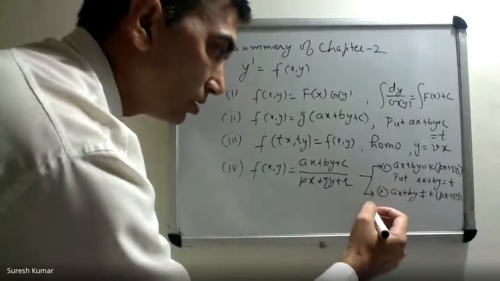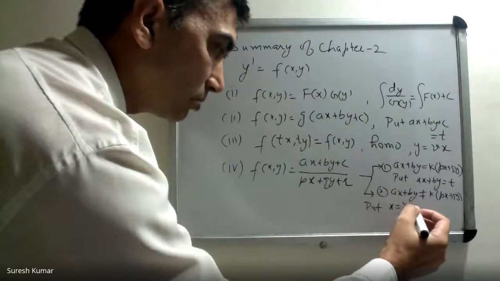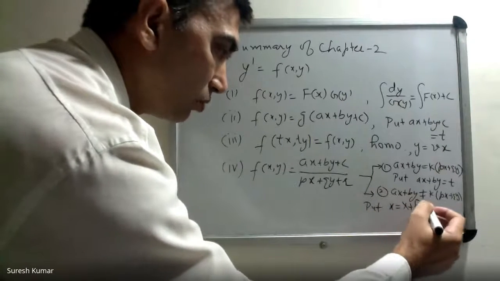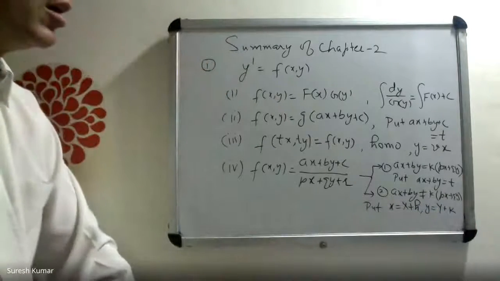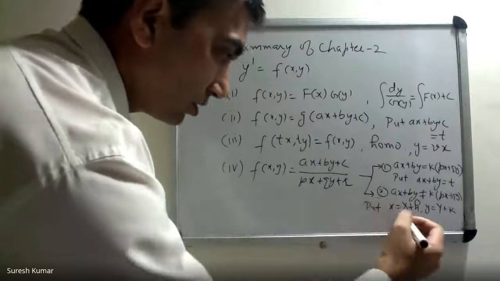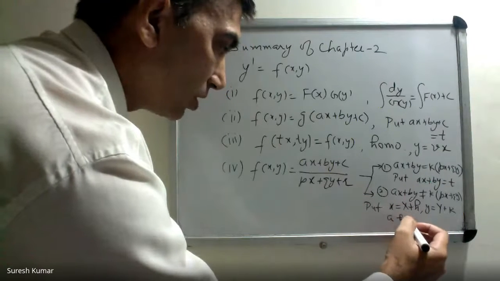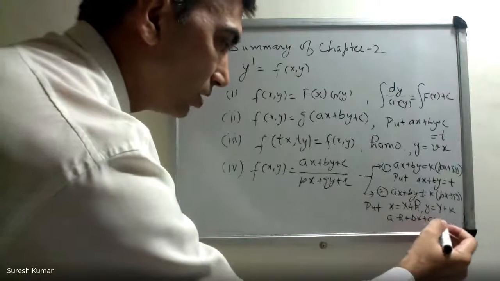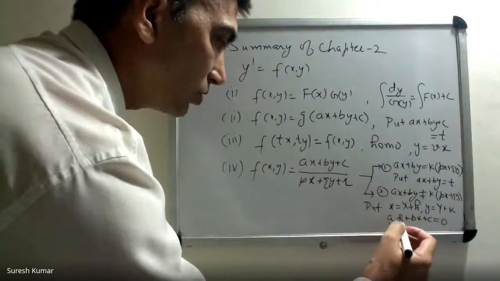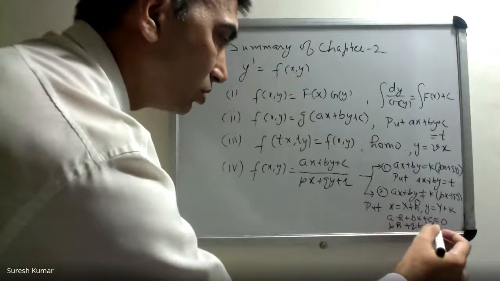In this case, what you need to put, x equal to capital X plus h and y equal to capital Y plus k. And also consider two equations for solving h and k, ah plus bk plus c equal to 0 and ph plus qk plus r equal to 0.